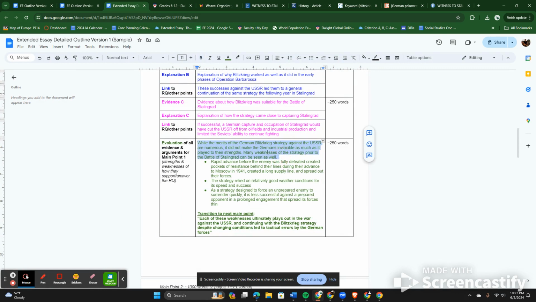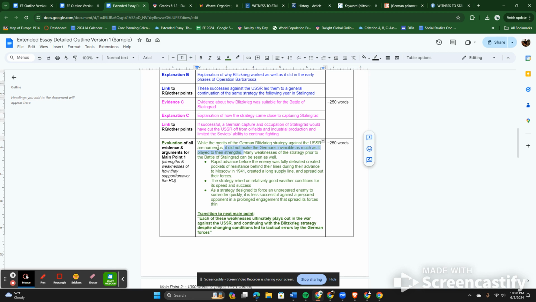It wasn't just all strengths. Blitzkrieg was not something that made the German army invincible. It was just something that highlighted how they were strong, right? This is something that everyone tries to do in war. Be strong where you're strong and don't let your enemies get at your weaknesses.